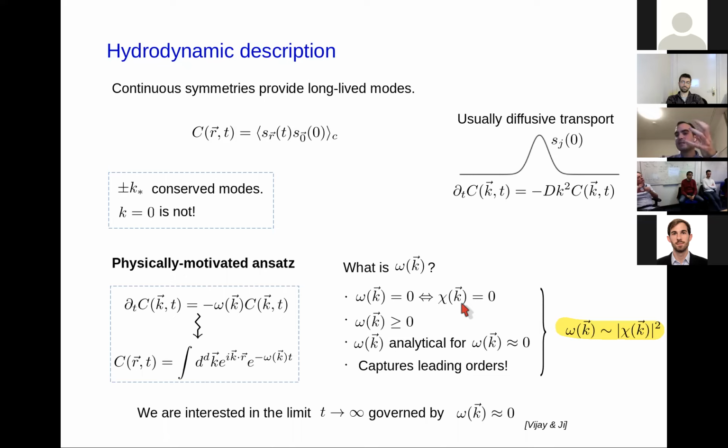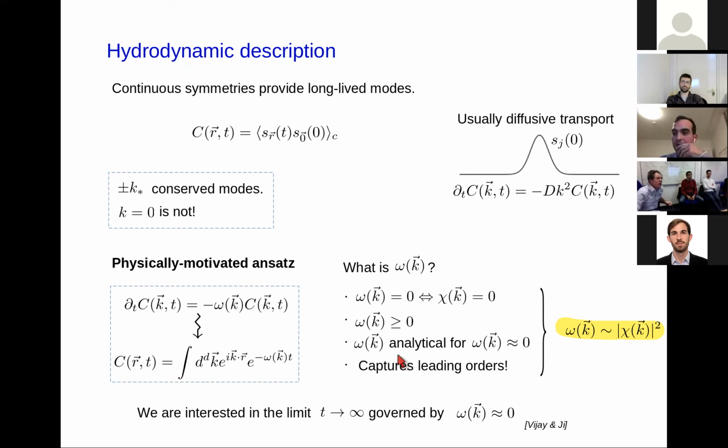And hydrodynamics is really about predicting the long wavelength, long time behavior of a system, and not so much about higher order corrections, so we would like to capture the leading terms. It turns out that choosing omega of k to be proportional to the modulus of chi squared is a meaningful choice, which you can check in previous works for U(1) subsystem symmetries or dipole moment.